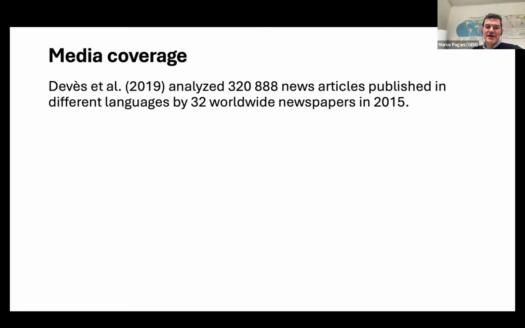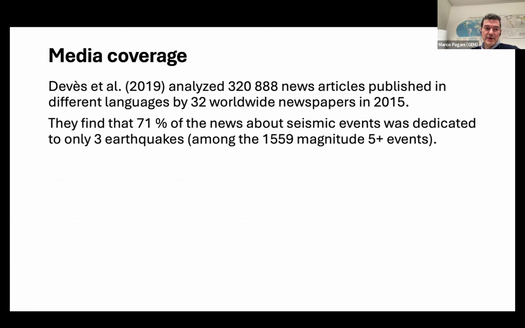Media coverage is also something that I found. There's a paper by Deve et al., published in 2019, in which they analyzed the media coverage during 2015 in different parts of the world regarding earthquakes.